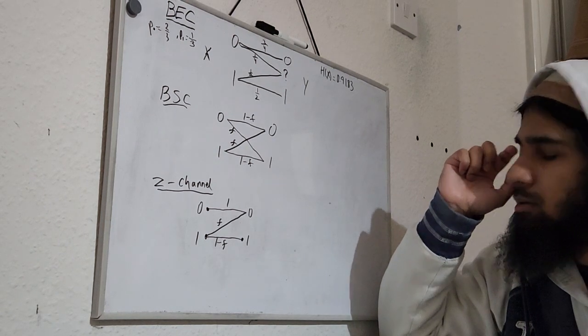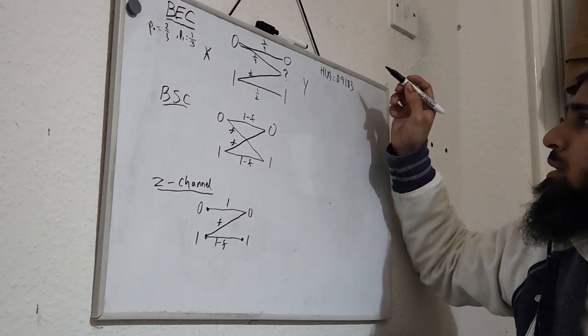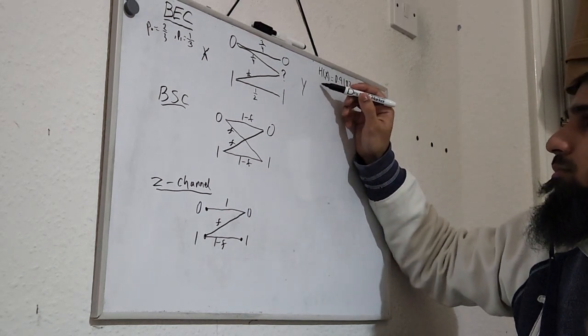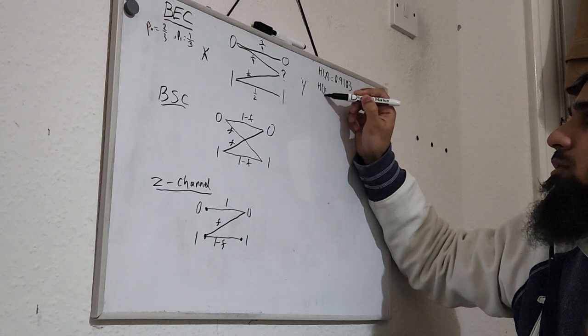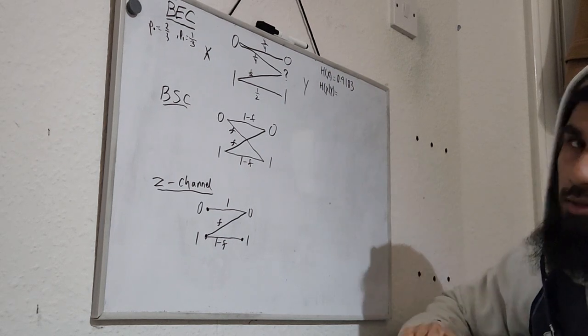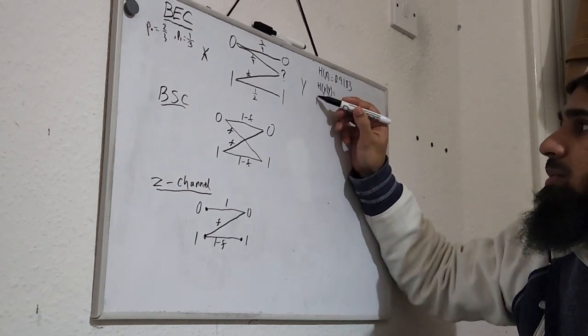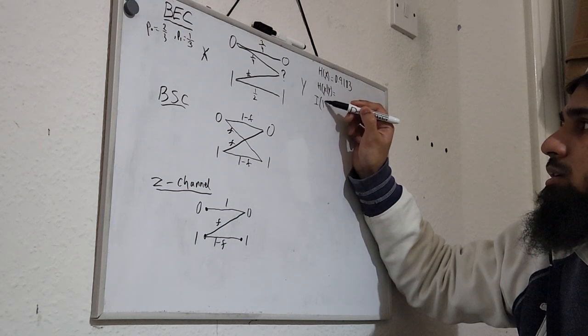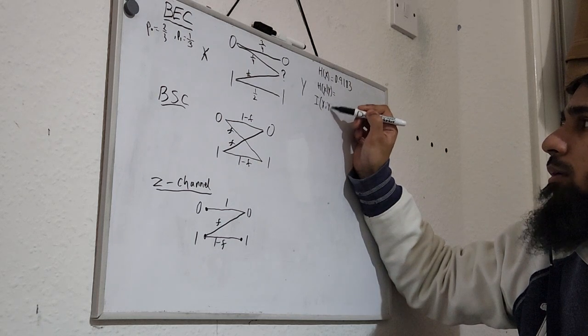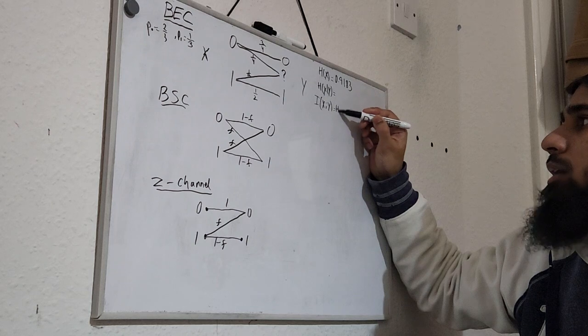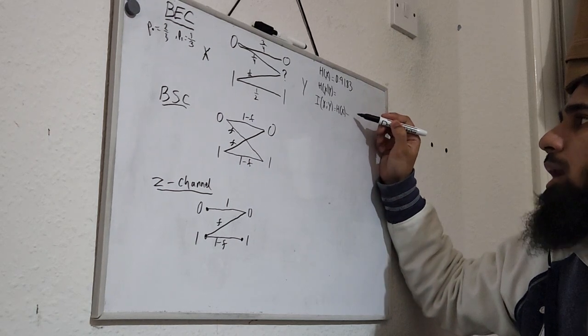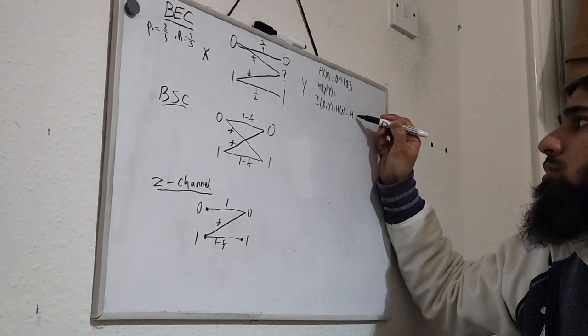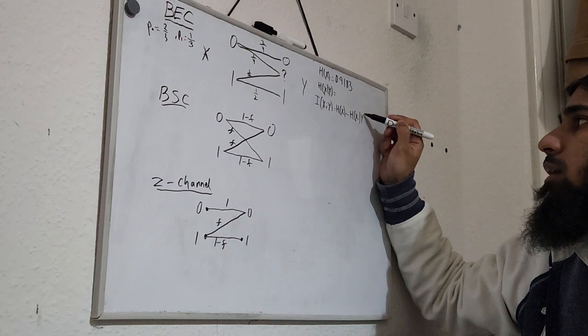This is important, so remember the formula. We'll also need to work out h of y. Remember, we want to work out the mutual information, and that is h of x minus h of x given y.